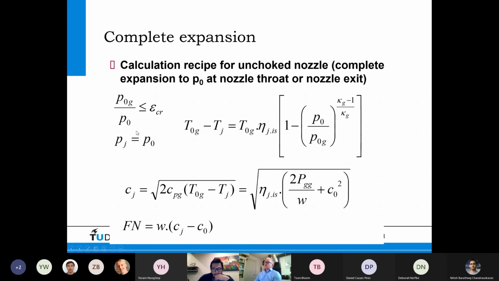And here you can see that you do complete expansion, and it means that the pressure ratio is subcritical, and you can just calculate the velocity by calculating the change in temperature here, and that change in temperature times the specific heat times 2, square root, is the velocity. And that is of course because velocity squared is proportional to the drop in enthalpy, and the change in enthalpy is Cp times a change in total temperature.